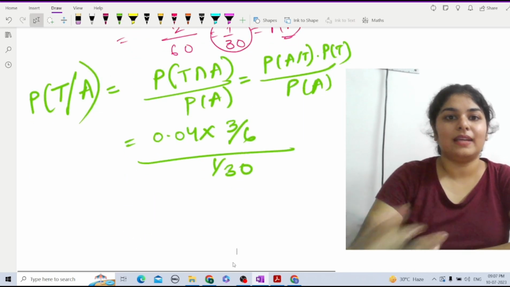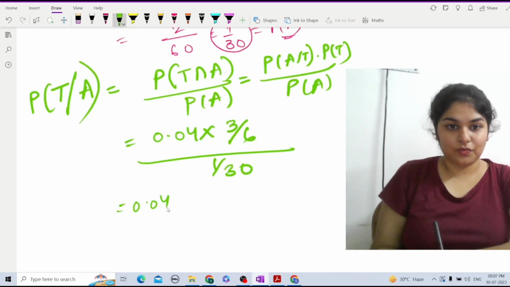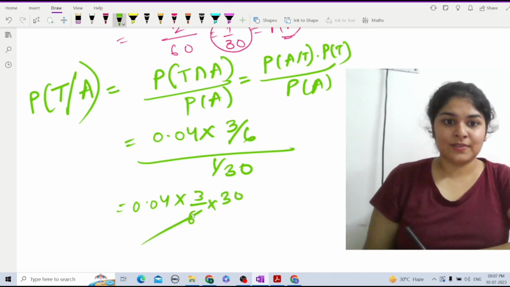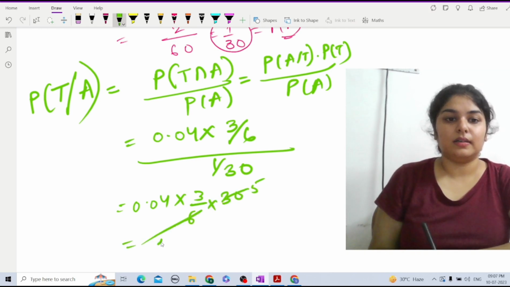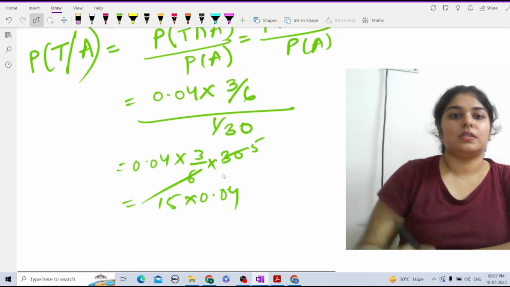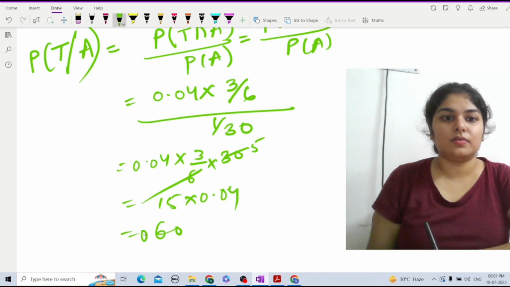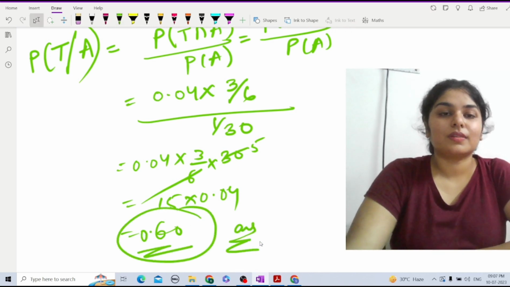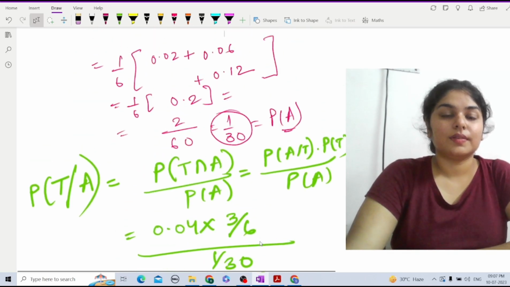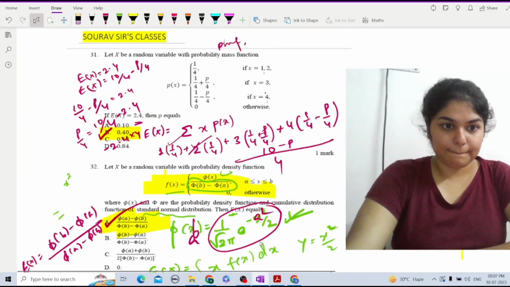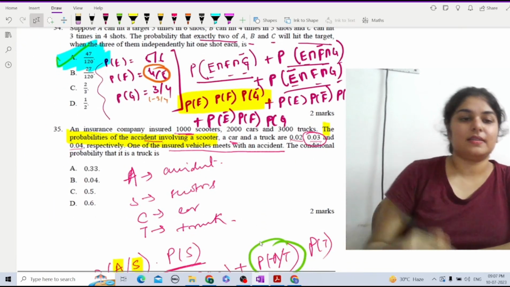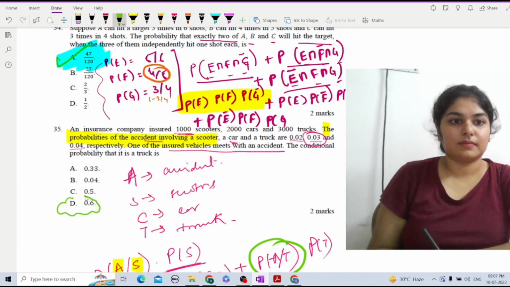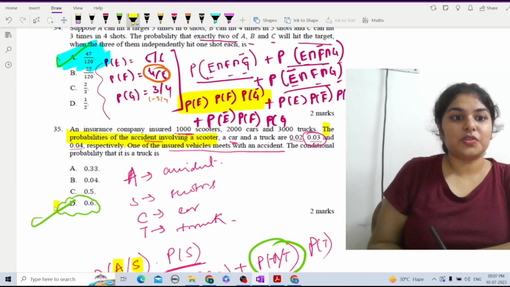Now let us solve and get our answer. So 0.04 into 3 by 6 into 30. 6 1s are 6, 6 5s are 30, 15 into 0.04. So 15 4s are 60, so 0.60. That is our answer. Yes, so that is D. Option D is the correct answer.